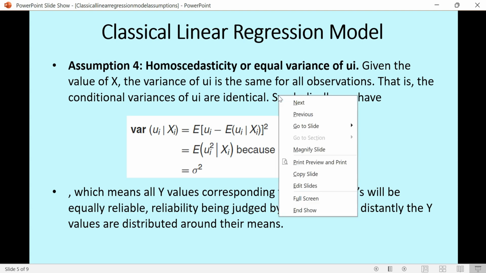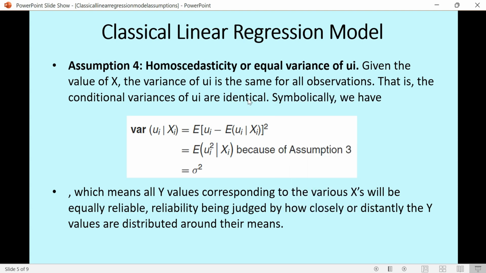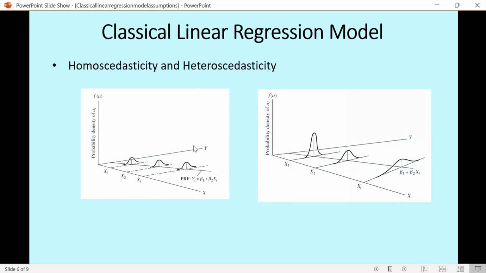If we look back, this figure shows homoscedasticity. For each different x value, the disturbance is the difference between the observation and the regression line, right?